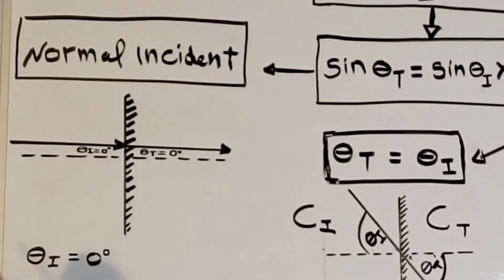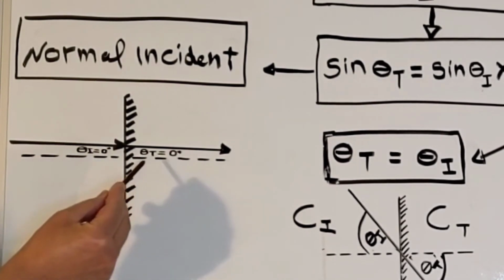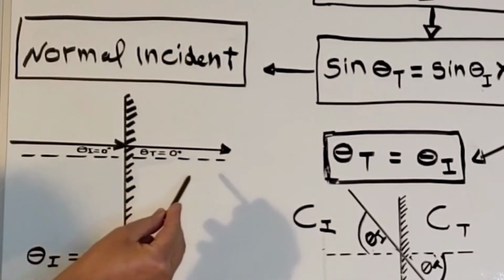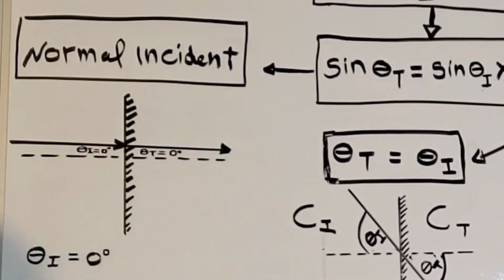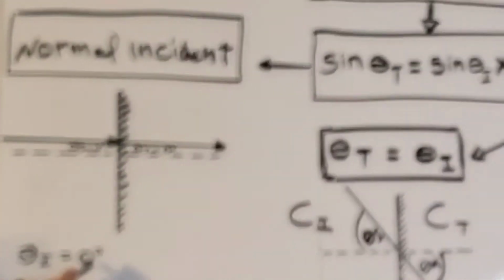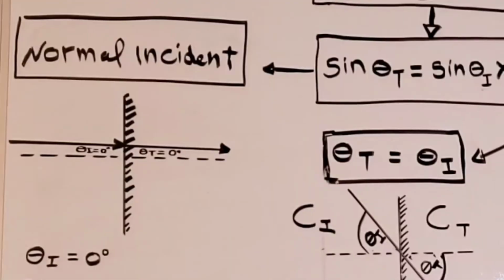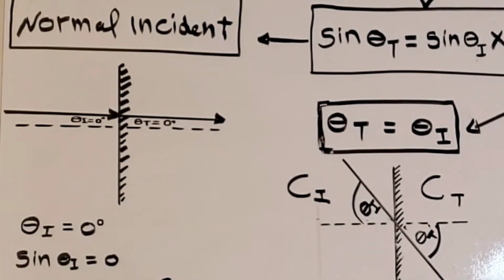In normal incident, we know that there is no refraction, and we know that the angle of the incident equals the angle of transmission, and both of them are equal to 0 degrees, and both of them are perpendicular to the interface. But why does this happen? This happens because we have an incident angle equal to 0, and we know that sine 0 equals 0.